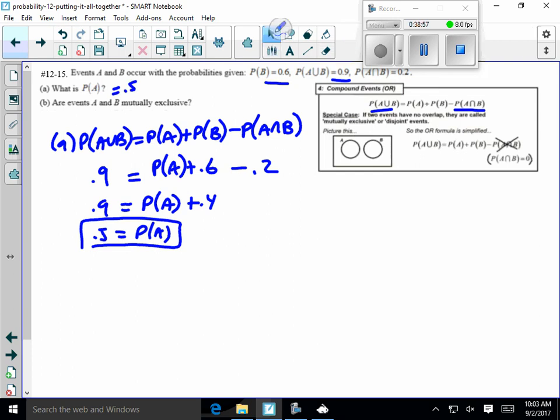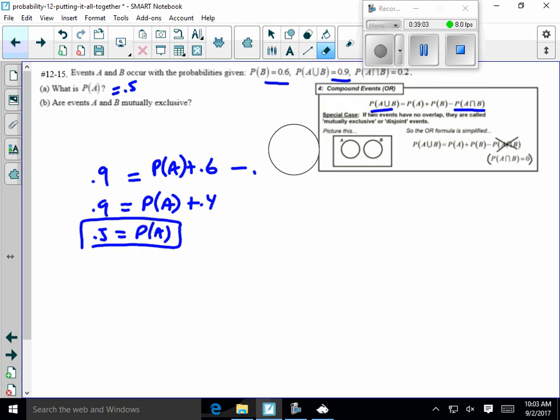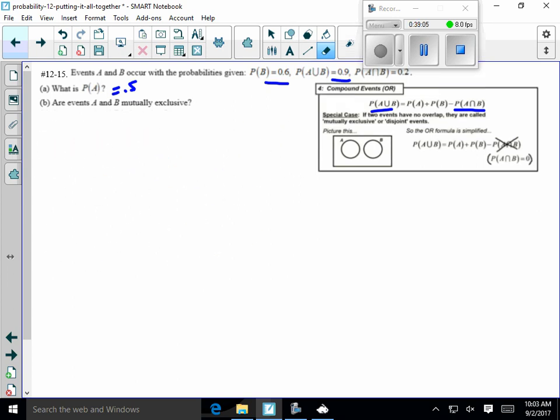Okay. And then let's take a look at the second part. The second part is, are the events mutually exclusive? Mutually exclusive has to do with whether or not they're disjoint. Another way to say that is disjoint, which is when you have a Venn diagram like this with no overlap. That means the probability of A and B would have to be 0.